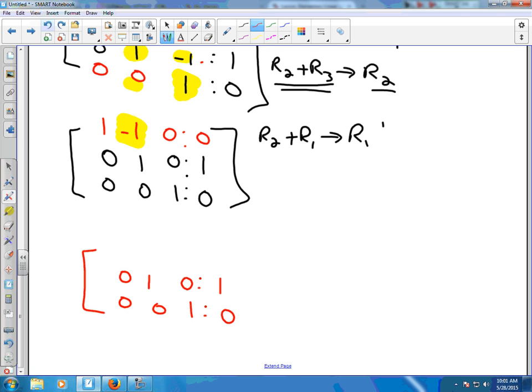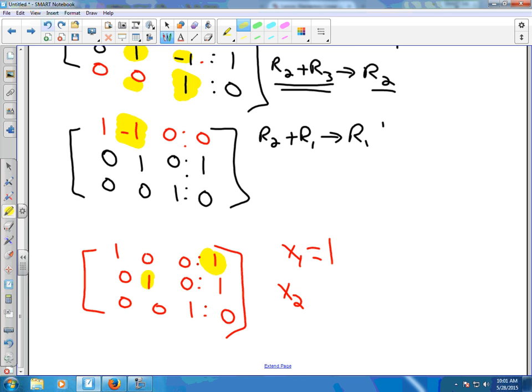So add the first two rows together, we get 1, 0, 0, 1. So that tells us that x1 equals 1. x2 equals 1. x3 equals what? x3 is 0.